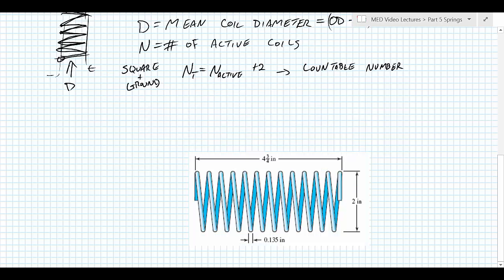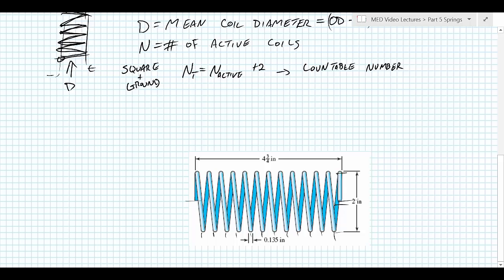So looking at the spring, we can count 1, 2, 3, 4, 5, 6, 7, 8, 9, 10, 11, 12 full coils. And then how many times does this come back around? So up to here would be the beginning of the turn, and so this would be a quarter of a turn, this would be half of a turn, this would be 3/4 of a turn, and all the way back would be a full turn, right?